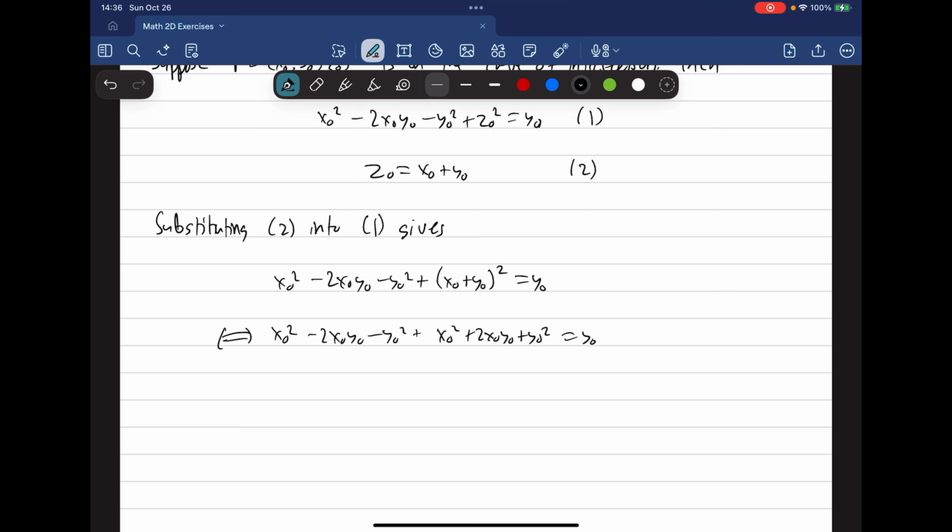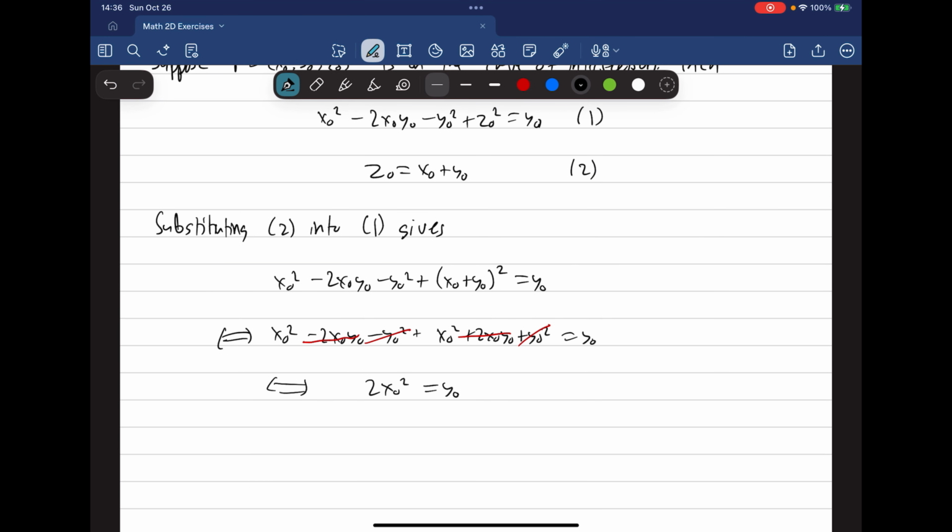And all this is equal to y naught. What's awesome here is we get some nice cancellation between our terms. Combining everything else, we get 2x naught squared equals y naught.